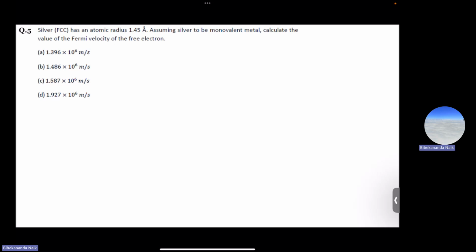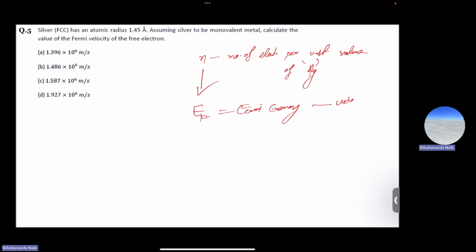So since here the number density is not known, first we will calculate the number density of electrons, number of electrons per unit volume of silver, and then from that number density we will calculate the Fermi energy using the relation that we just derived in the previous question, and from that Fermi energy we will find the Fermi velocity vF, which will be half m vF square.